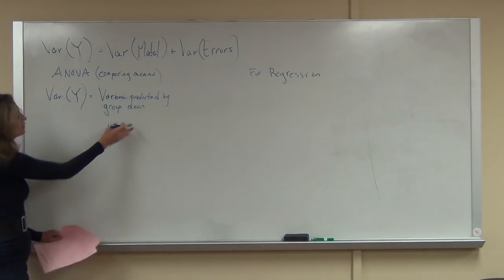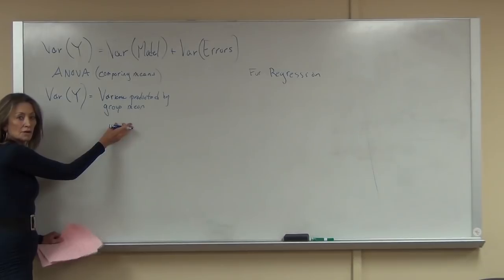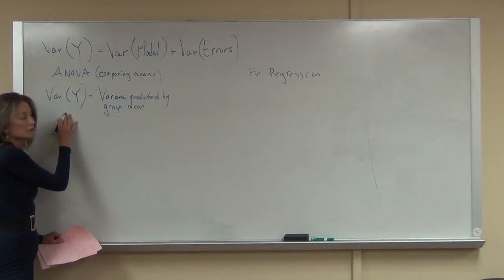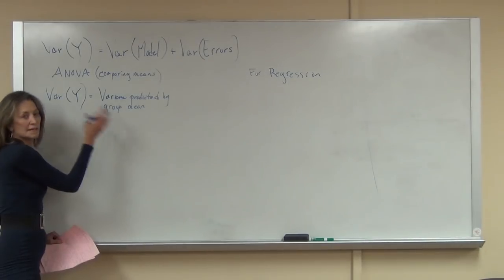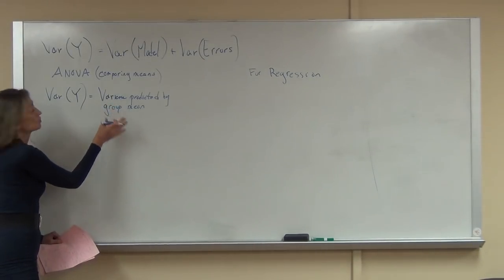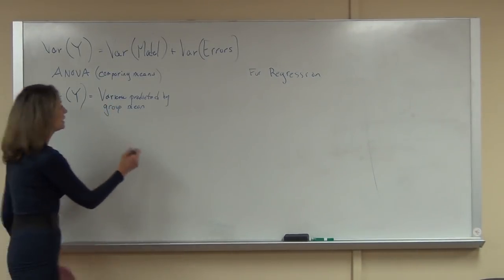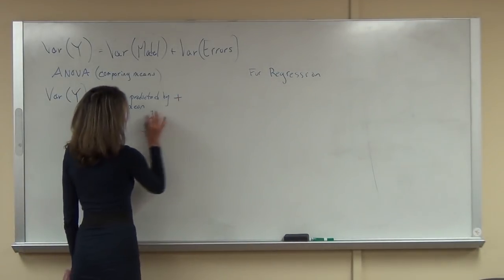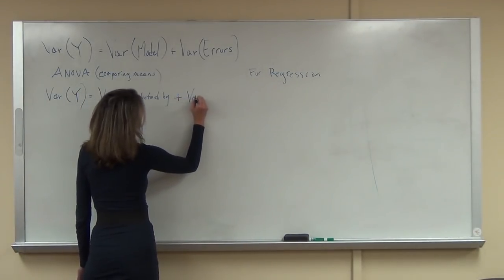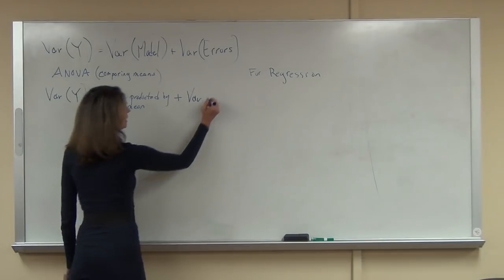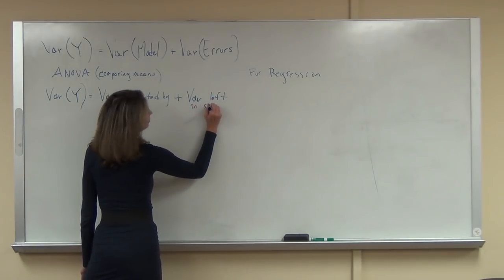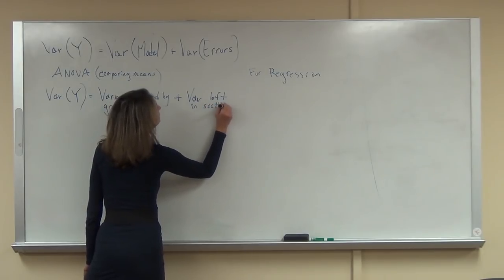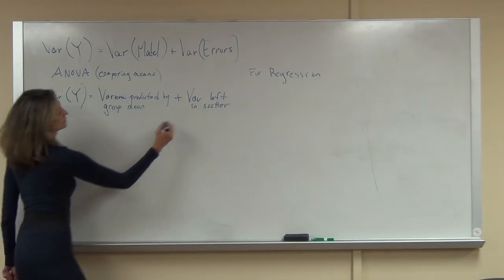If they're in one group, we're going to predict that their final exam score is going to be the group mean. Just ignore everything else, just whatever group they're in. And then we have the variance left in the scatter around the group mean.